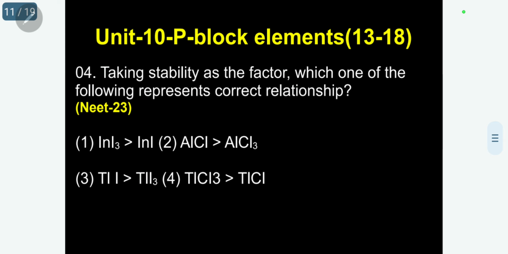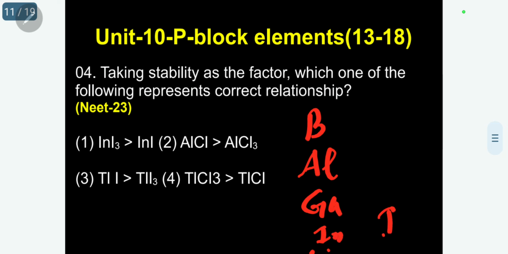The family comes under the boron family: boron, aluminum, gallium, indium, and thallium. So this is the family. Among these, aluminum is used, indium is used, and thallium is used. So these three compounds are used here.